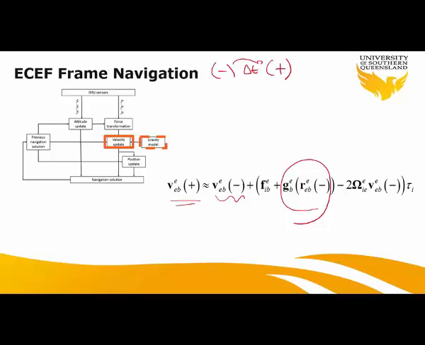So we have to apply the gravity model, which is basically a function of the location R here. Then we can calculate the updated velocity, but just remember this is just an approximation because we need to rely on the previous location to calculate the gravity term, which is probably not reflecting the current location of the object. So that gravity term is not quite what it should be, so we can only have an approximation.